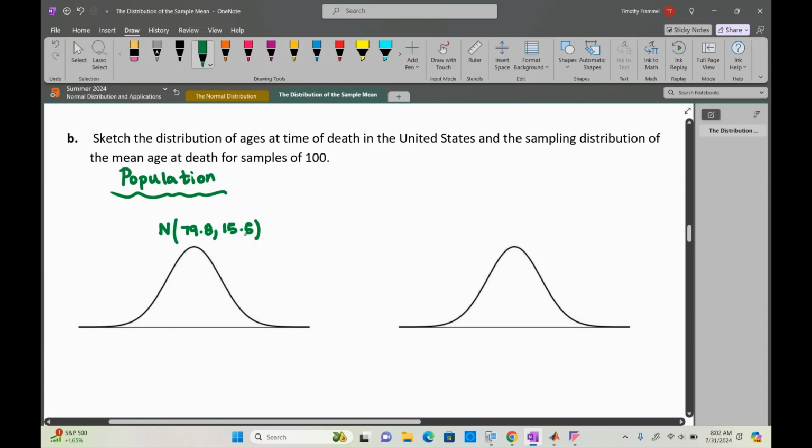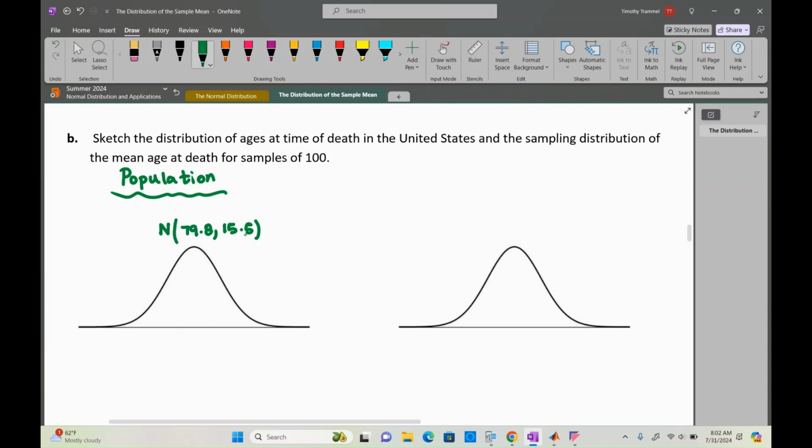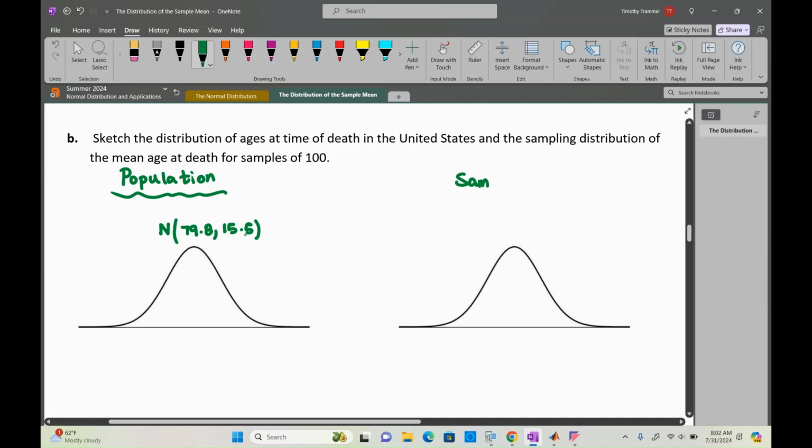And similarly, if I were to do this for the sampling distribution, and again, I'd write in my mean, which should be the exact same.